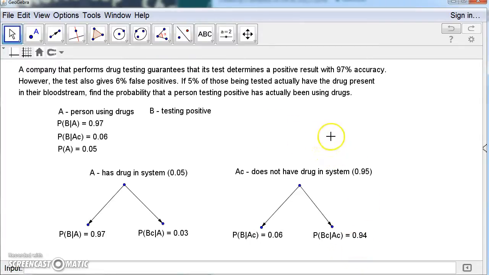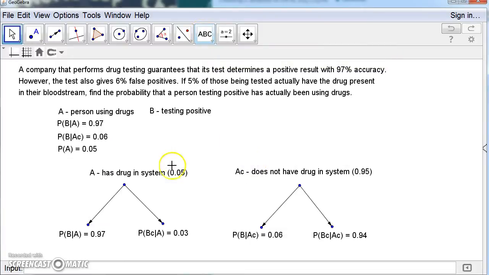Now the question here becomes, what is the probability that given that you tested positive, so that is the B event occurring, what are the chances that you actually came from this category of people, that the drug is actually in your system and you didn't come from this group of people?